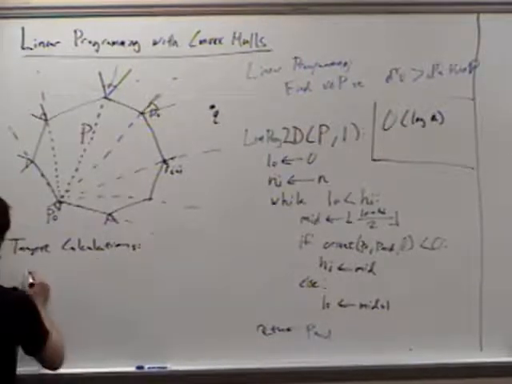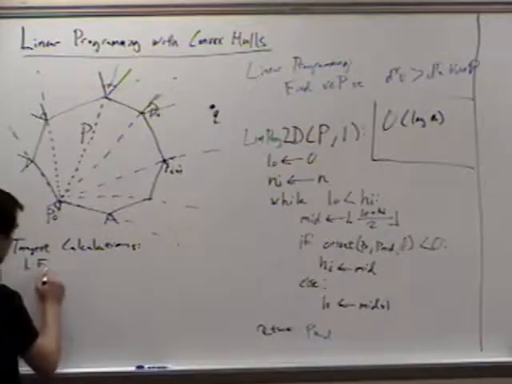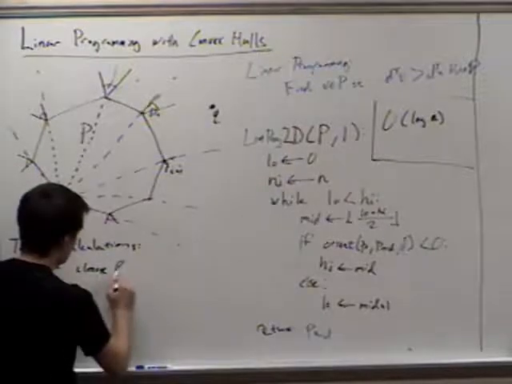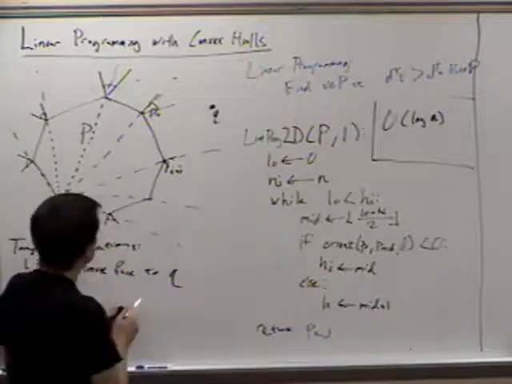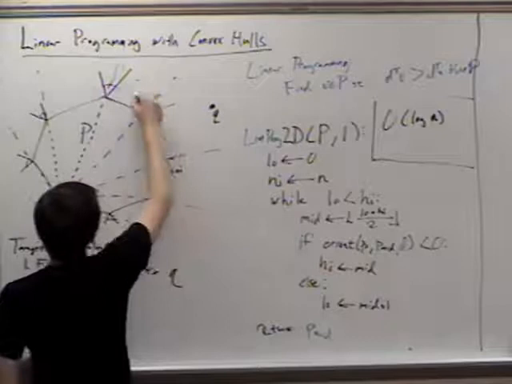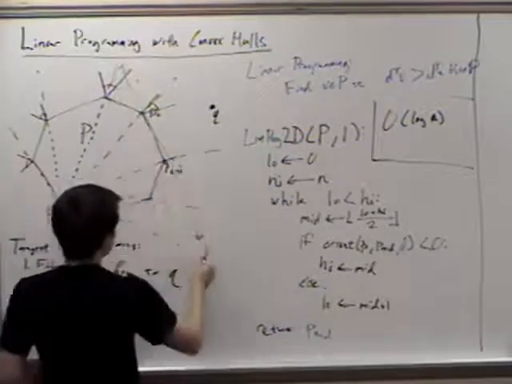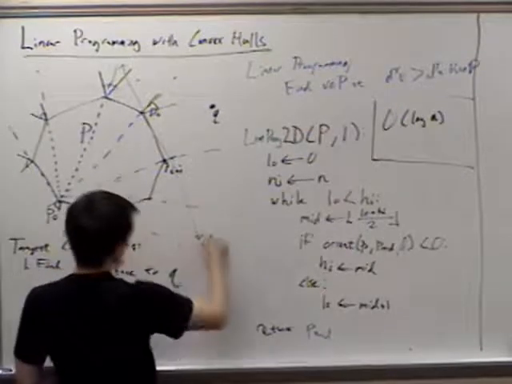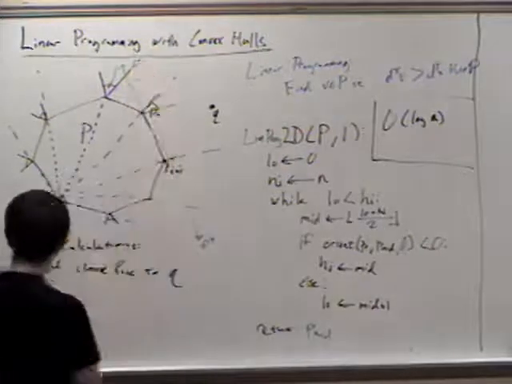So the first step is we find the closest face to Q. So in this case, we're going to be locating this face right here. We'll call this axis F, so it'll have two directions. We'll call this one F plus, and this direction F minus.